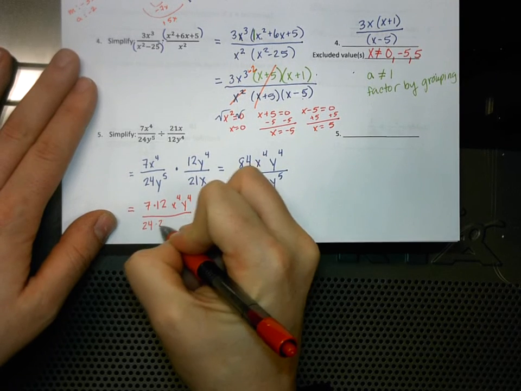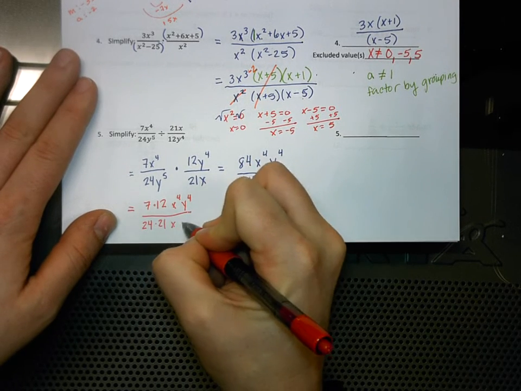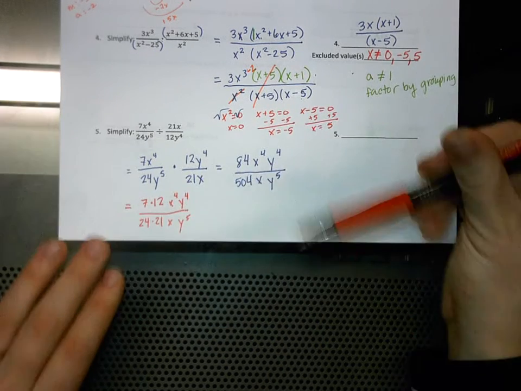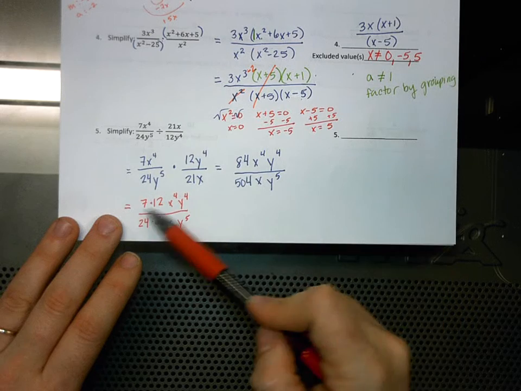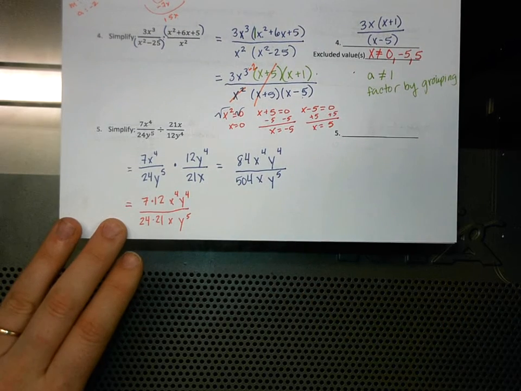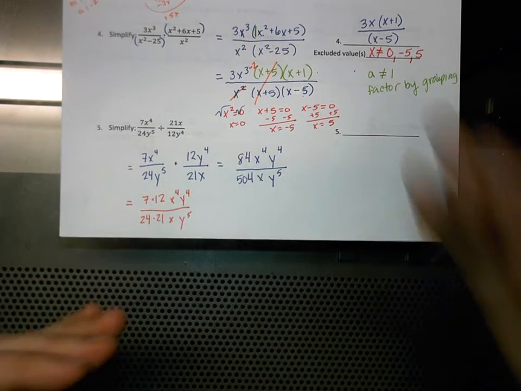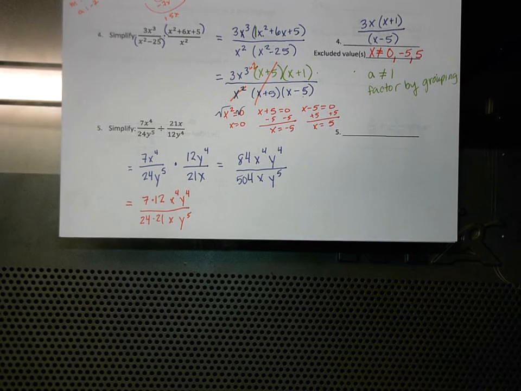Same with the 24 and the 21. So if I decided let's not multiply those together, let's just multiply them and set them next to each other, I still have factors. Factors are things that you can divide out.